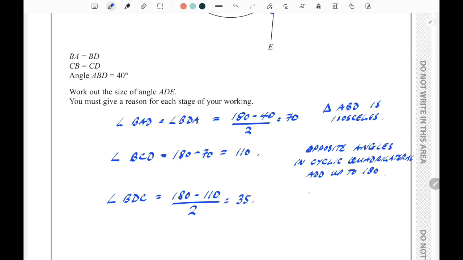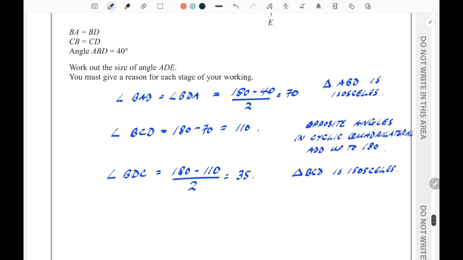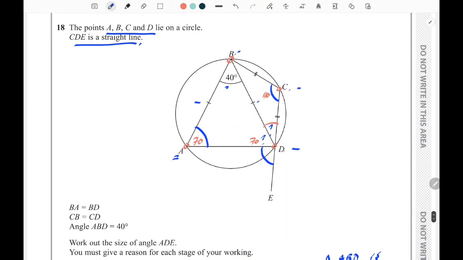So again, we're using the fact that triangle BCD is isosceles, and you could write that angles in a triangle add up to 180. And finally, you've got these two angles now. So again, this is now 35.